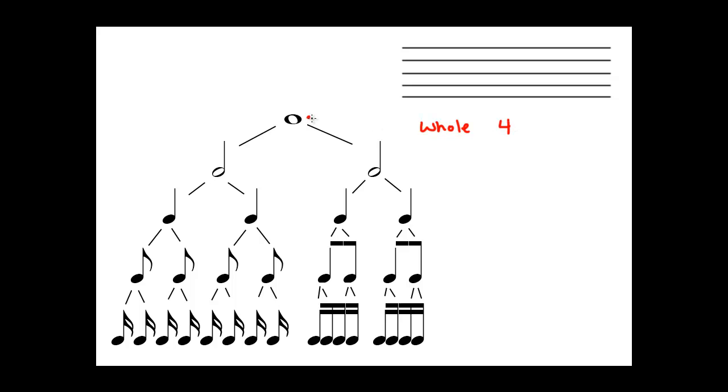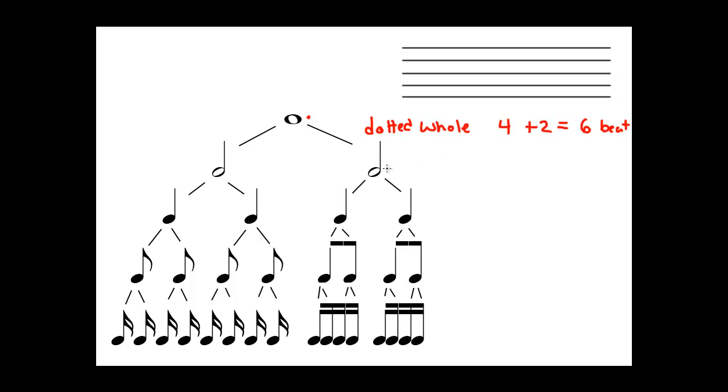So if a dot means to take half and add that on, half of a whole note would be 2. So therefore, a dotted whole note is going to equal 6 beats.